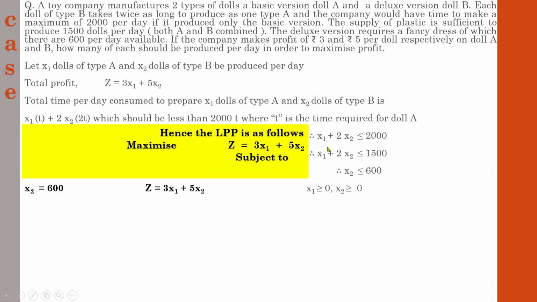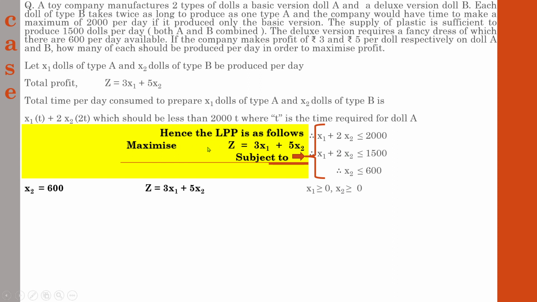Constraints are x1 plus 2x2 less than or equal to 2000 and x1 plus 2x2 less than or equal to 1500, x2 less than or equal to 600, and finally x1 greater than or equal to 0 and x2 greater than or equal to 0. These are the constraints which we have extracted from the data given in the question.